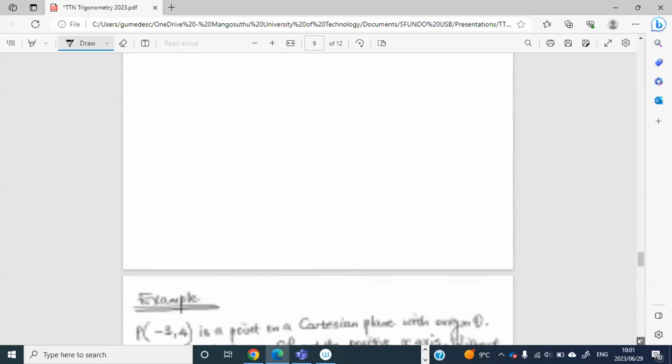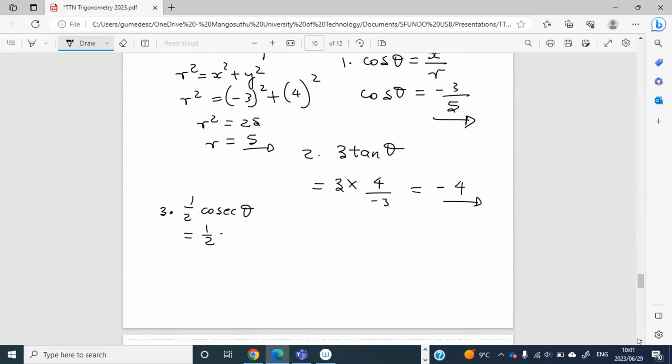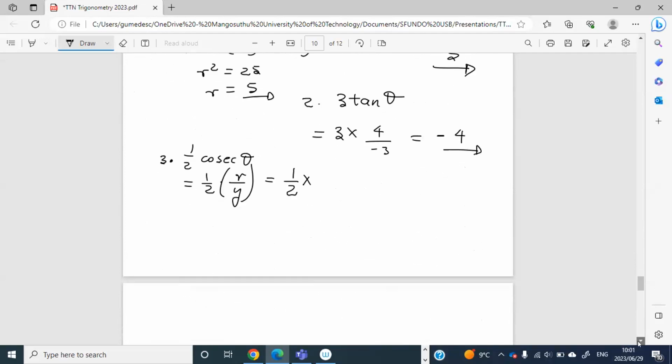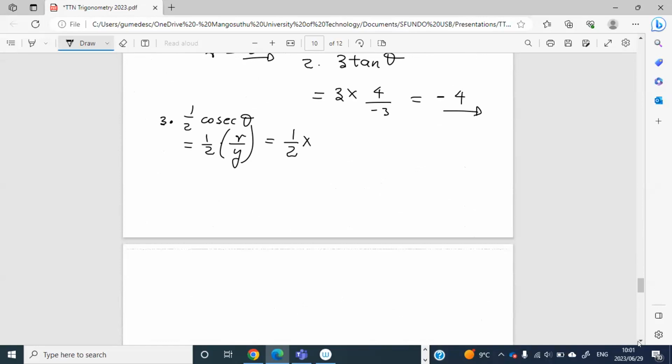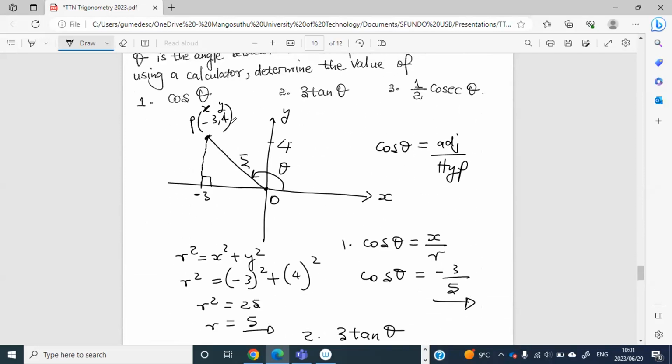And we go back to our diagram. So cosec theta is r over y, which is half times r. Our r, we found using Pythagoras theorem here as 5, over our y, which is the y in our point.